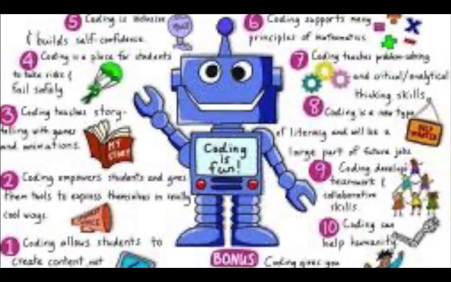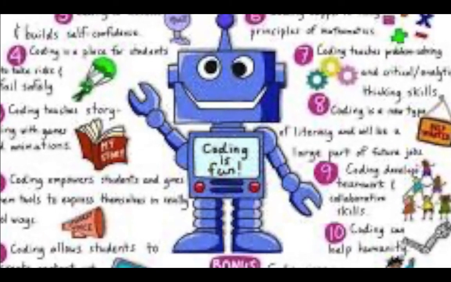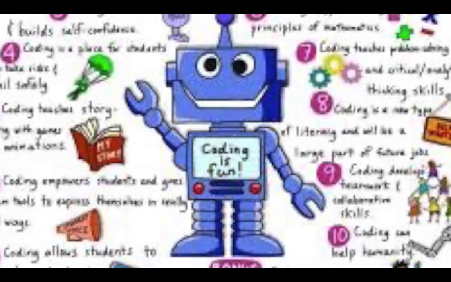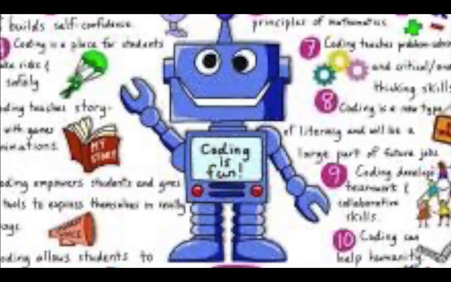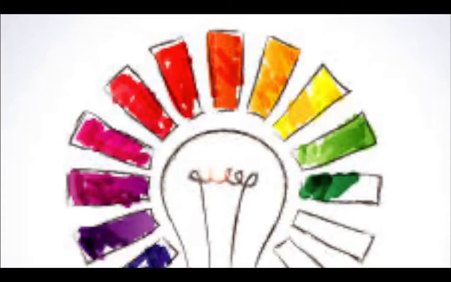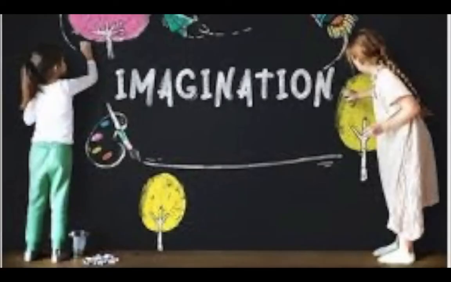When introducing code to kids, it is important to make it fun to learn in order to pique their interest. By incorporating these apps, it is our hope to engage students and create active learners. Using projects that include creativity is important.